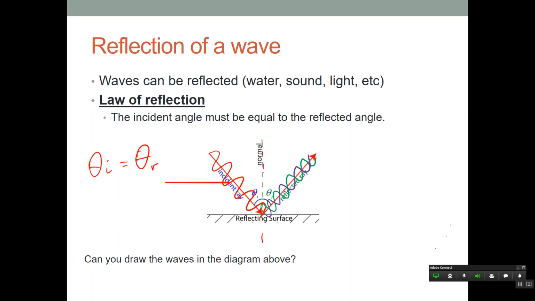Is that more obvious? So now it's green and purple. So who says green? Green? Who says purple? All right. Ron, why do you say purple?